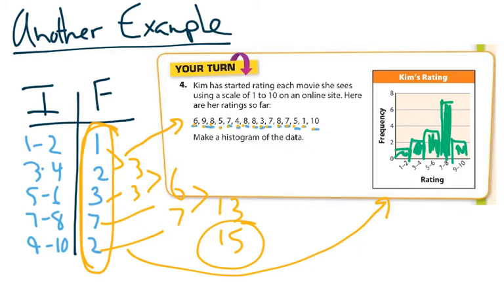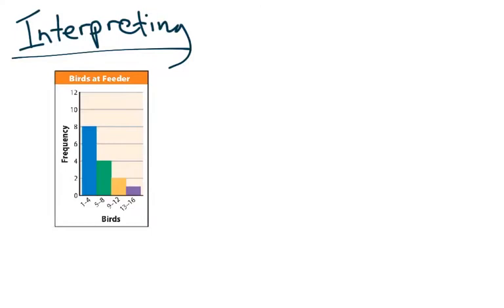So the final thing I want to show you is working backwards. How do you look at this and extract some information about it? There's not too much going on. It's going to vary from histogram to histogram and question to question. But the big thing is you should always be able to find the total, so how many events there are.